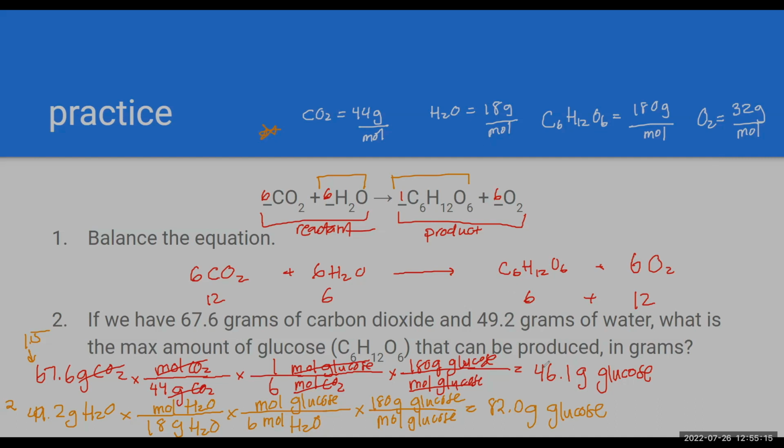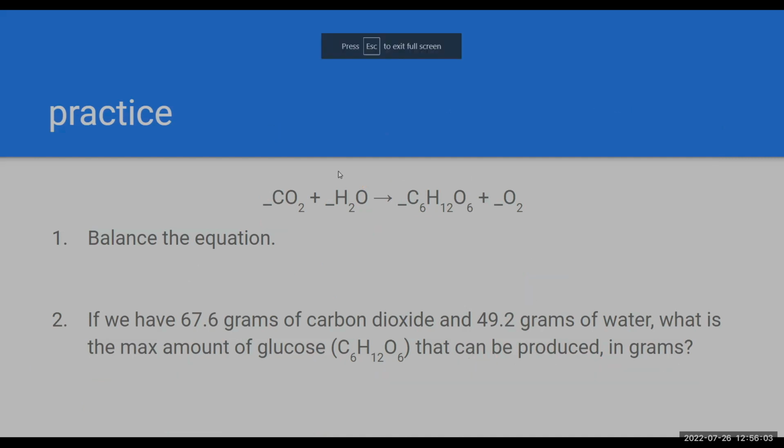And so our final answer is that 46.1 grams of glucose is going to be the maximum amount we can produce. And in general, the reactant that generates the least amount of product is going to be the limiting reactant. So our final answer is going to be 46.1.